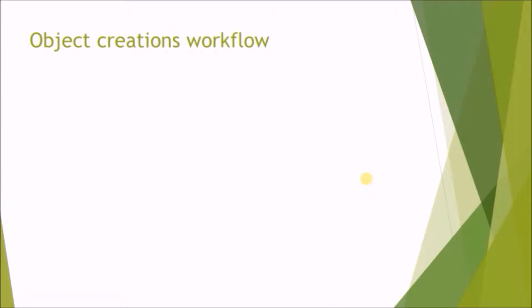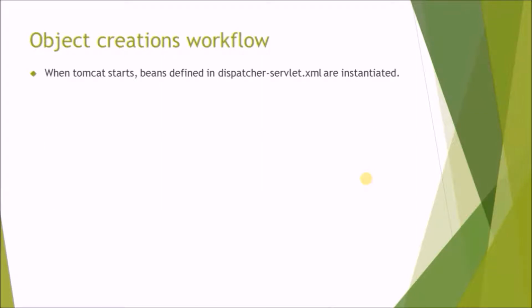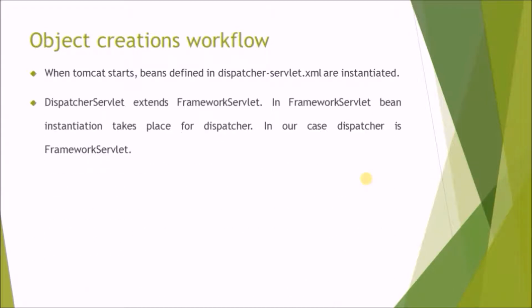Object creation workflow. When Tomcat starts, beans defined in dispatcher-servlet.xml are instantiated. DispatcherServlet extends FrameworkServlet. In FrameworkServlet, bean instantiation takes place for the dispatcher. In our case, the dispatcher is the FrameworkServlet.